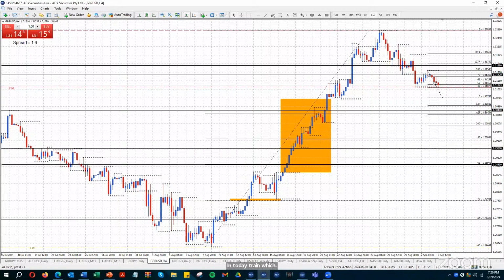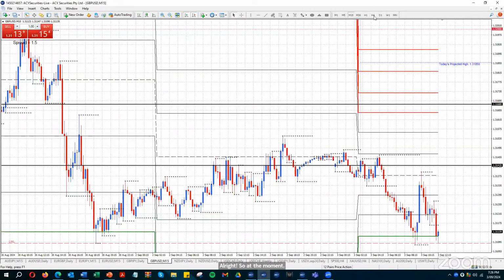All right, so at the moment, let's go to the 15. Here you can see we just didn't quite get back up to 130.42 on this big rush at the beginning of London. So if we do come back up today, I would watch central pivots at 131.38 up to 131.42.